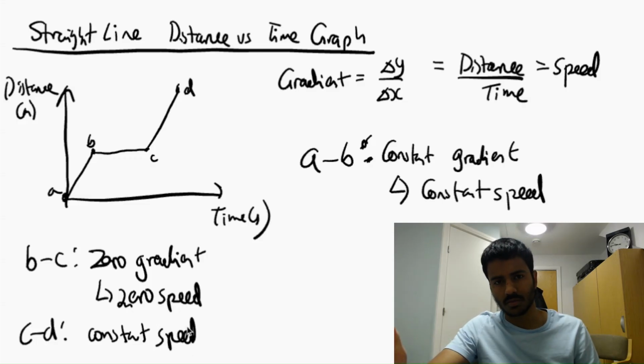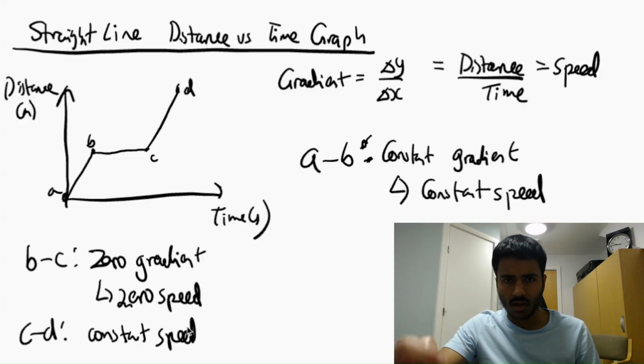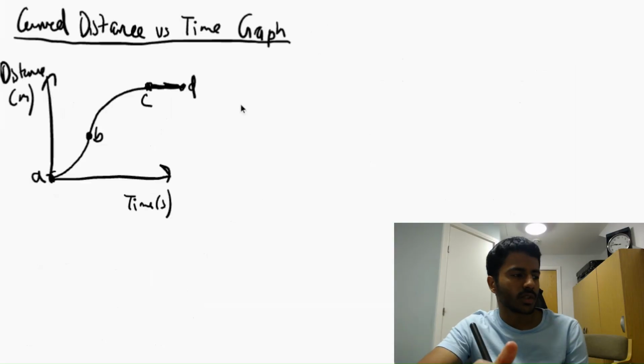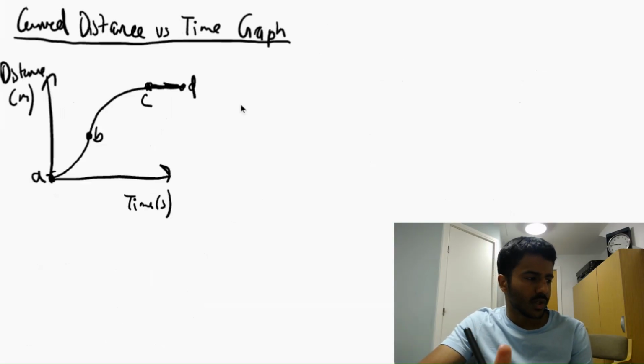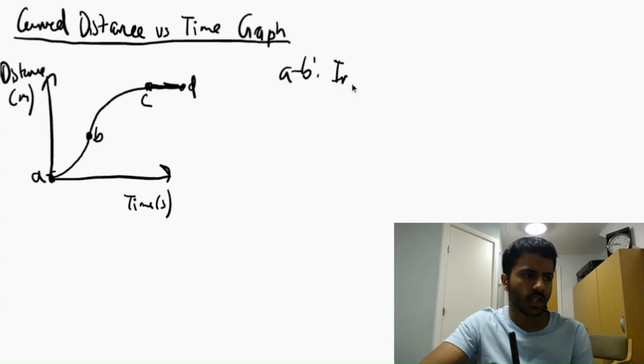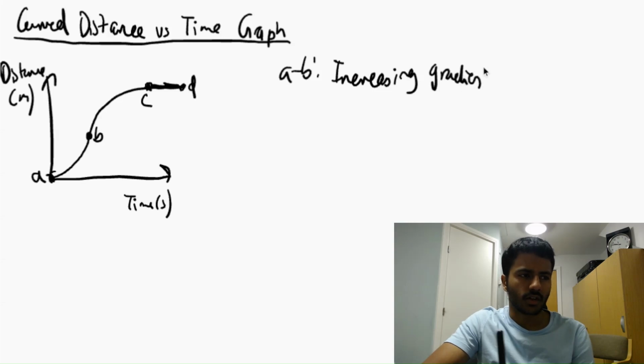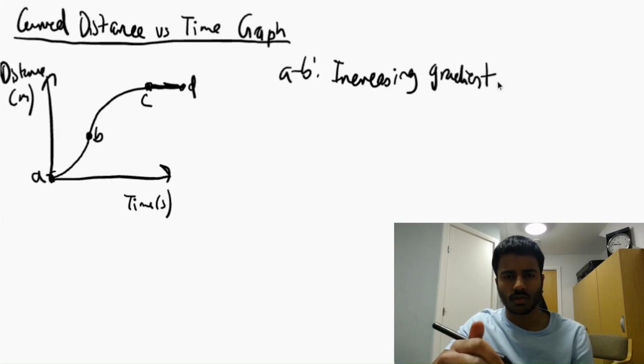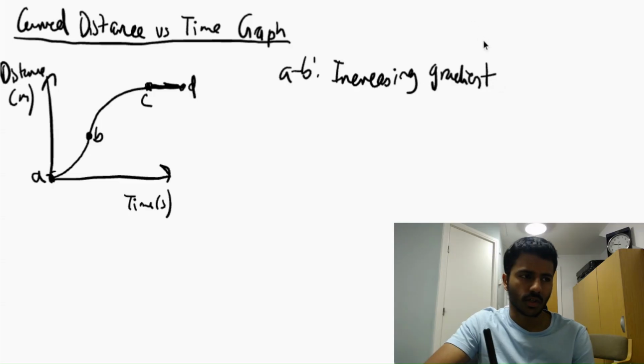Now that's quite simple. So how about we look at some curved distance versus time graphs. Now in this case, you can see between A and B, you have increasing gradient. You can see that the gradient goes higher and higher. And we know that the gradient in a distance time graph refers to the speed. So this means you have increasing speed.